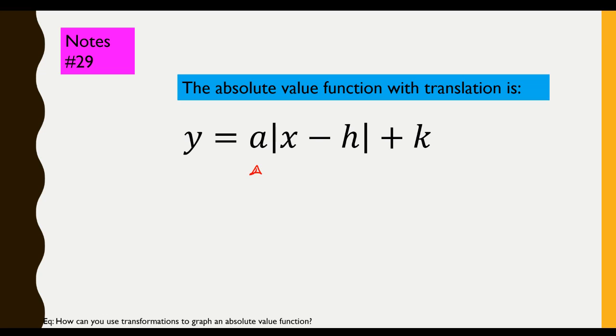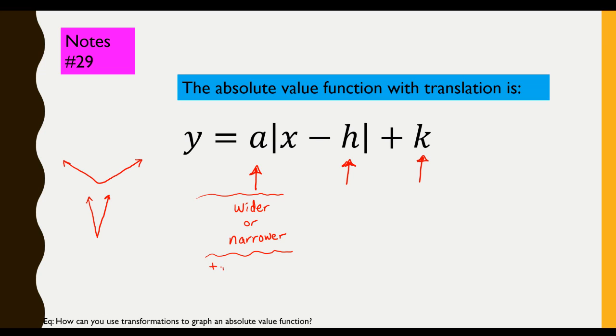Okay, so remember, we're going to be looking at these spots, and I want you to draw arrows just like that. And the number here is going to make it either wider or narrower. So what I mean by that is it could be really wide or it could be a really narrow absolute value. So wider or narrower.